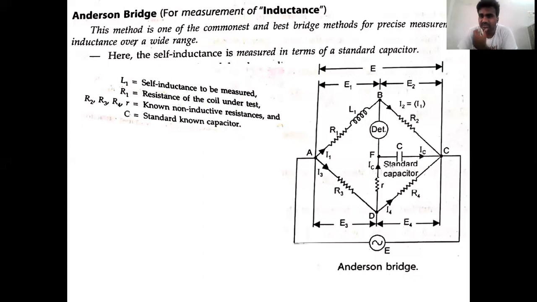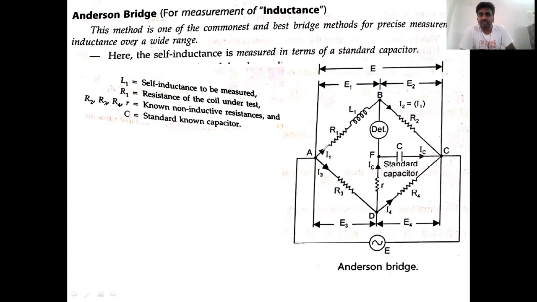If we see the first path, the resistance of the first path is represented here.